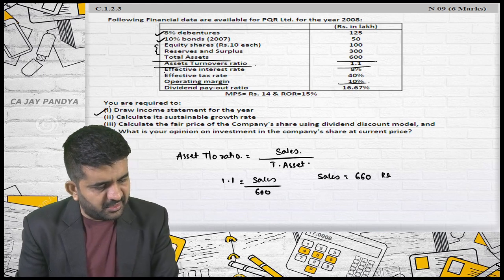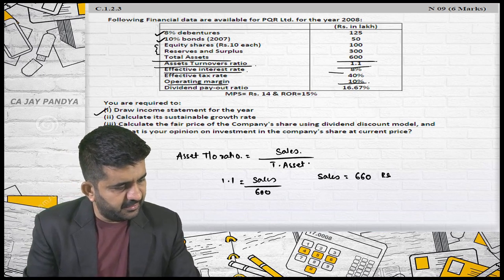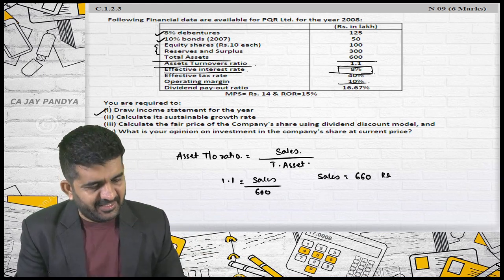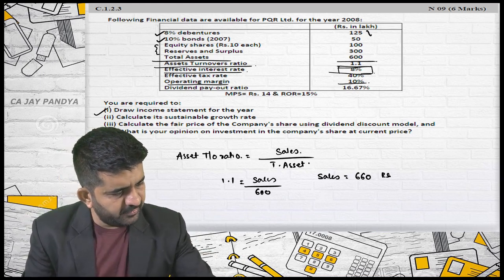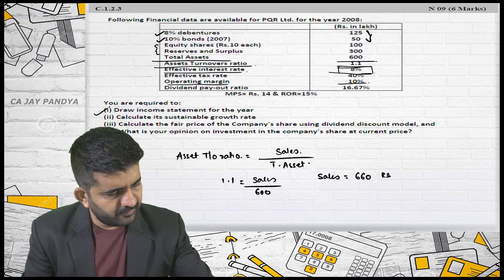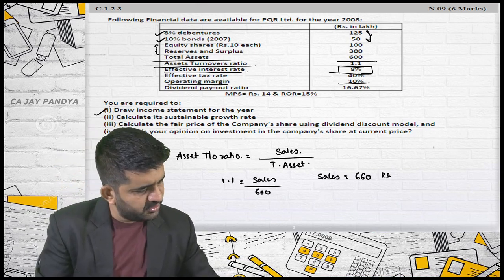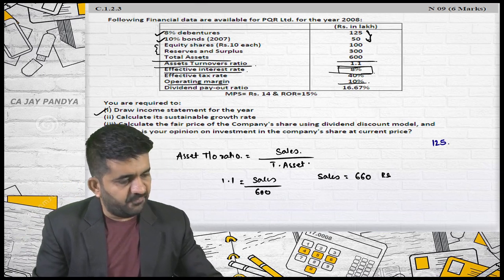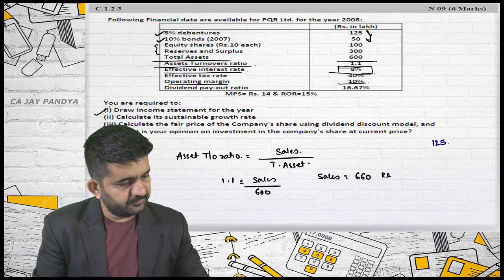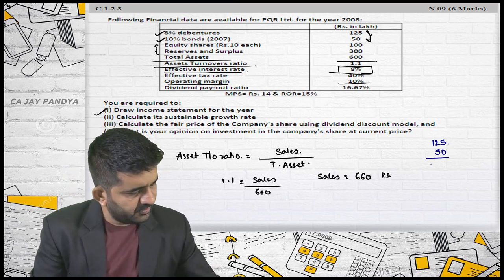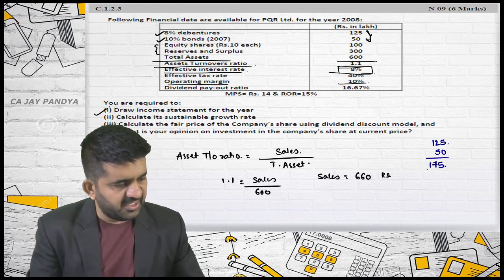Effective interest rate is 8%. Now, which are interest bearing liabilities? Debentures and bonds? Is it alright? What is the total debentures and bonds? 125 and 50. So total is 175.